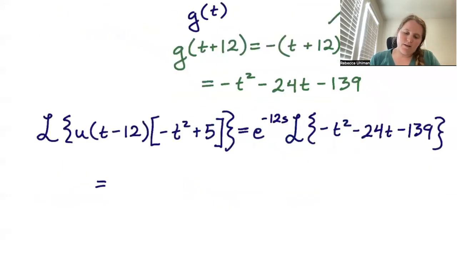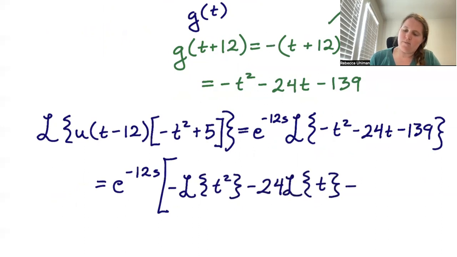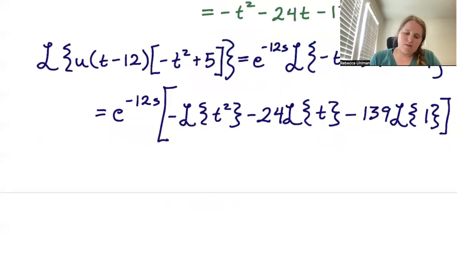So we are looking at e to the negative 12s times the negative Laplace transform of t squared minus 24 times the Laplace transform of t minus 139 times the Laplace transform of 1. We have e to the negative 12s times negative Laplace transform of t squared.